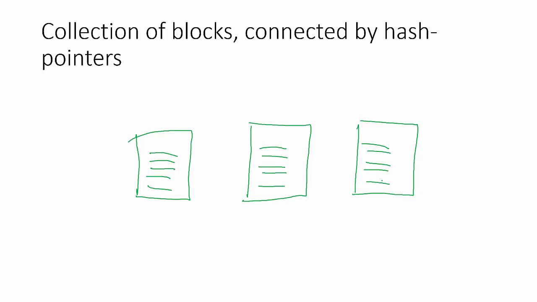Next to the data, each block also has a header containing information about the block, like a sequence number and a timestamp and some other vital pieces of information. These are the headers of the blocks.